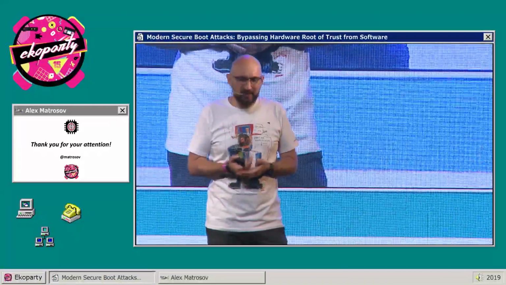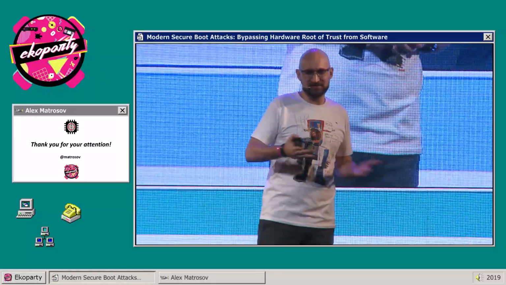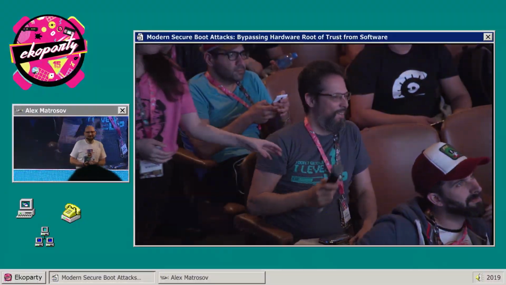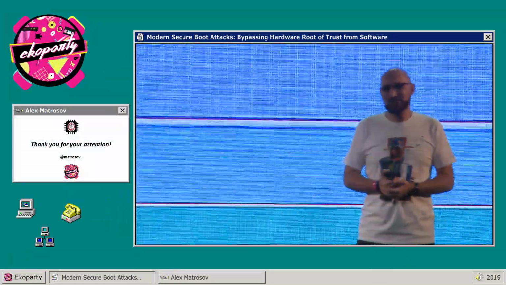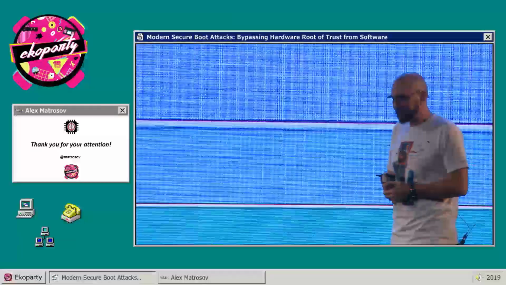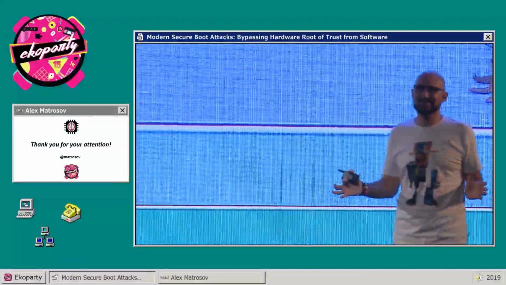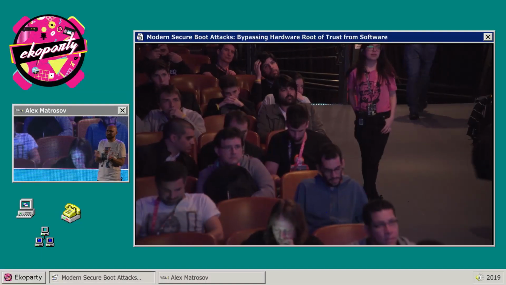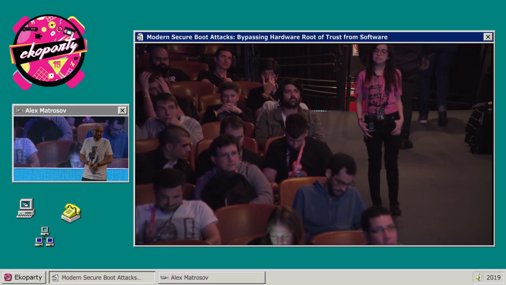I used to work for Intel before, and I found a lot of issues there, but they're fixed internally, so I can't speak about that. But I like the way you're thinking. It's really the right vector. Actually, complex parsers inside the firmware are a really sweet vector because there are no mitigations. Any memory corruption will lead to code execution, right?